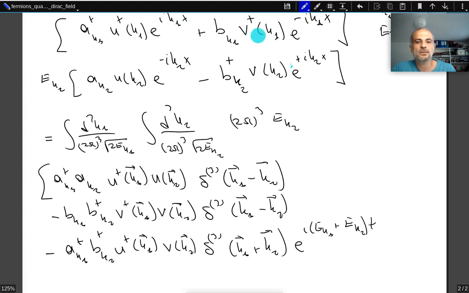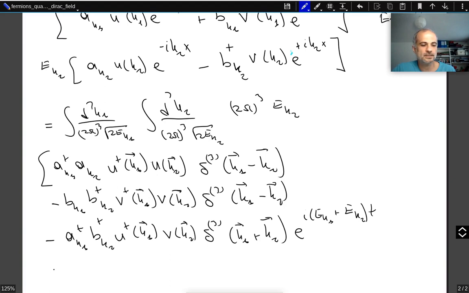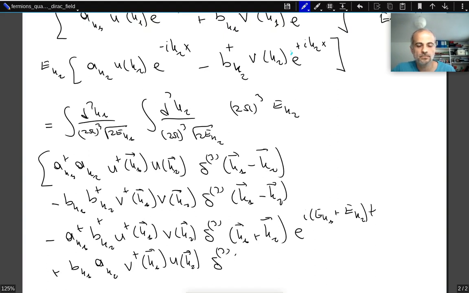Then I will be looking at this other cross term, so it will be similar, so it's plus b k1, a k2, v dagger k1, u of k2, Dirac delta cubed k1 plus k2, e to the power minus i e of k1 plus e of k2 of t.